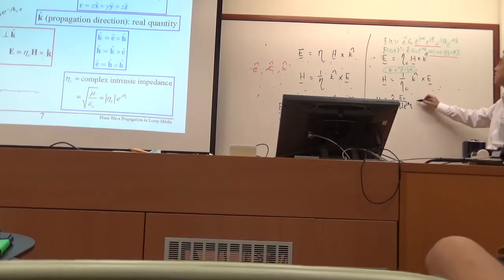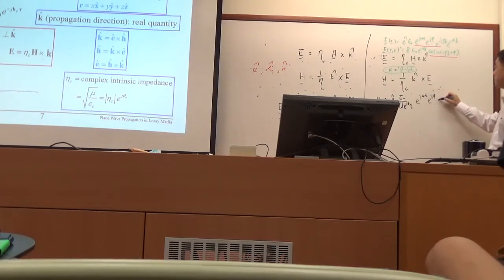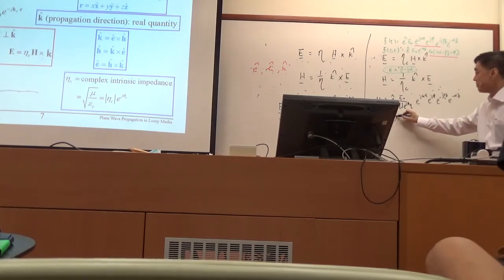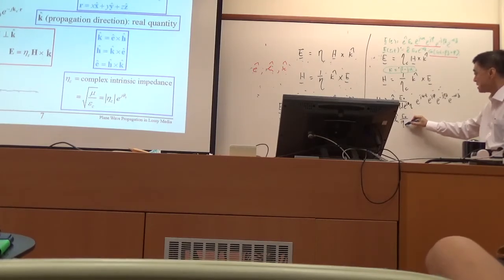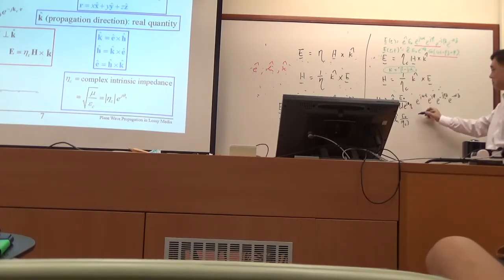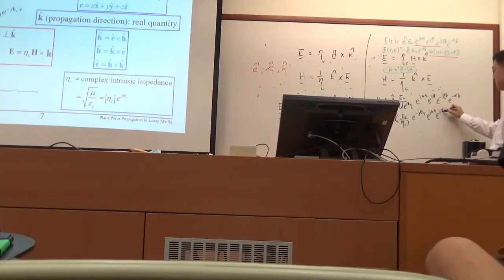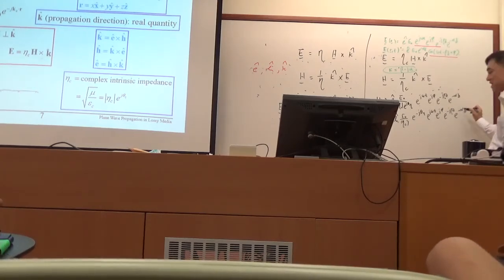Then I have e^(j omega t), e^(j phi), e^(-j beta z), e^(-alpha z). Am I correct? So everything else is the same. But if you put it down here properly, it becomes E naught over zeta, and this one you have to bring out, becoming e^(-j theta), e^(j omega t), e^(j phi), e^(-j beta z), e^(-alpha z).